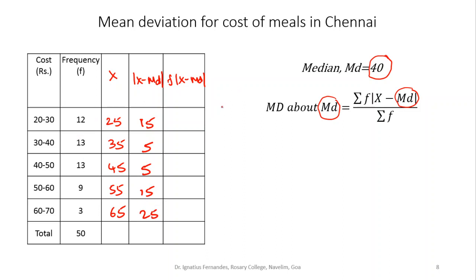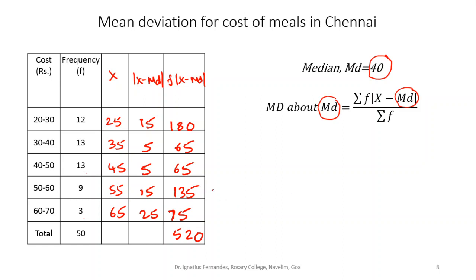Even these products will be the same: 12 into 15 is 180, 13 into 5 is 65, 13 into 5 is 65, 9 into 15 is 135, 3 into 25 is 75, and this total came to 520.